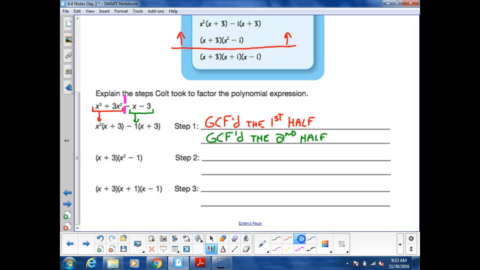Okay? So in factoring by grouping, you take your polynomial and you divide it in half. You GCF the first half, then you GCF the second half. Hopefully, if it's factorable, then you can go to step number 2.